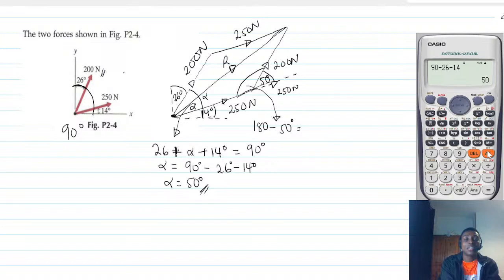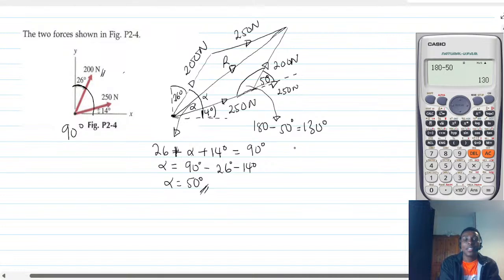Let's pick our calculators and do that. 180 minus 50 is 130, right? So that means the angle there is 130 degrees, isn't it?